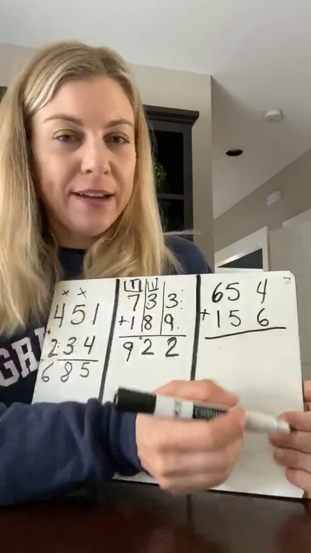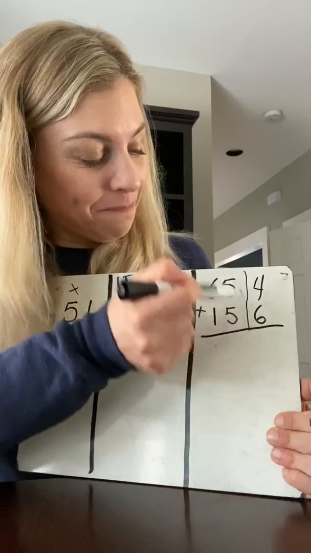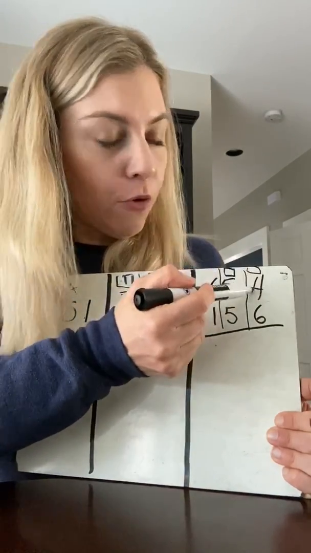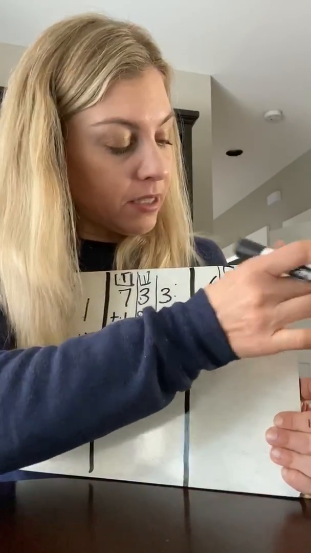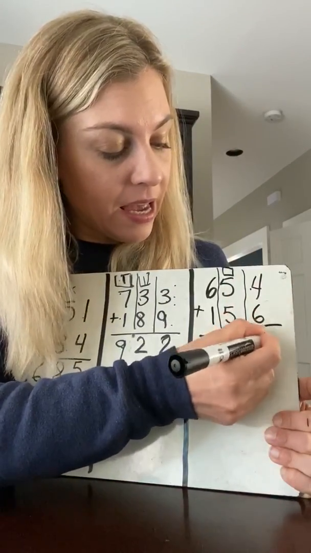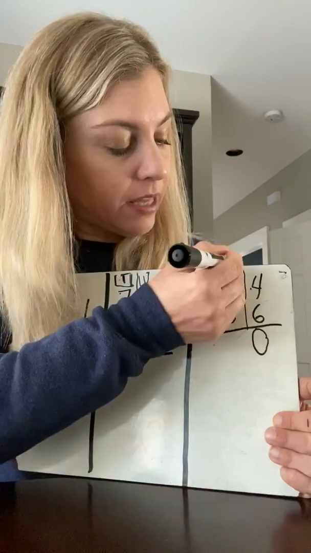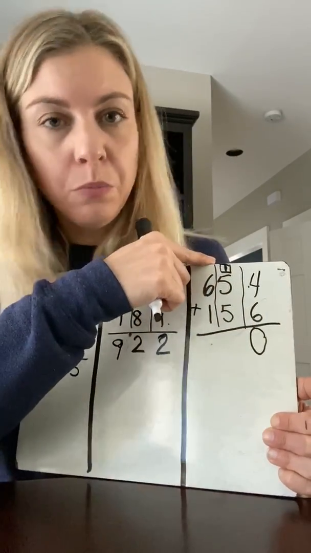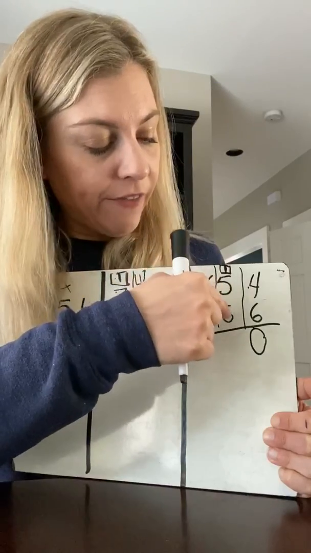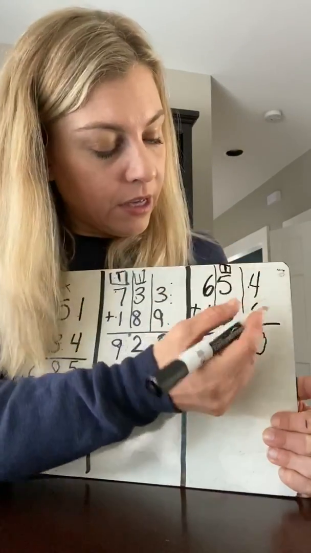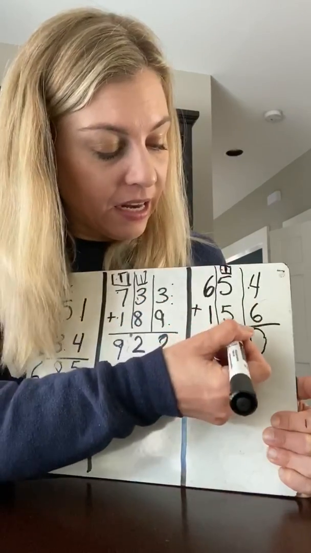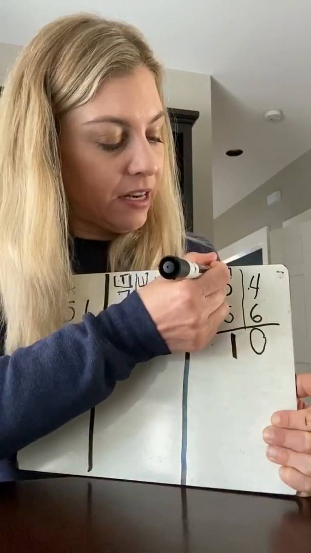The last one. Let's see how you did on this one. 4 plus 6 is 10. So a 0 goes there and a 1 goes up top. I have to move it, move it. 5 plus 5 is 10 again, but 1 more than 10 is 11.